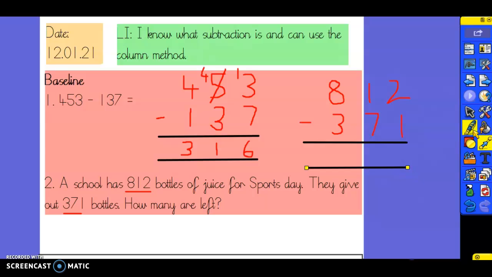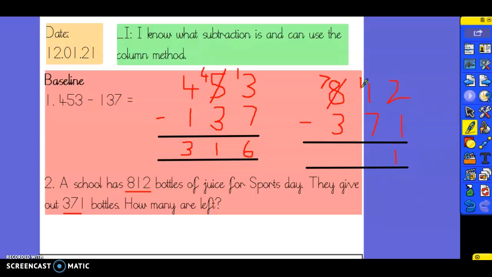So we start, as always, with our ones column. 2 take away 1 leaves us with 1. 1 take away 7 we can't do because the number below is bigger than the number at the top, so we have to exchange again. We cross out the 8 and that changes into a 7.